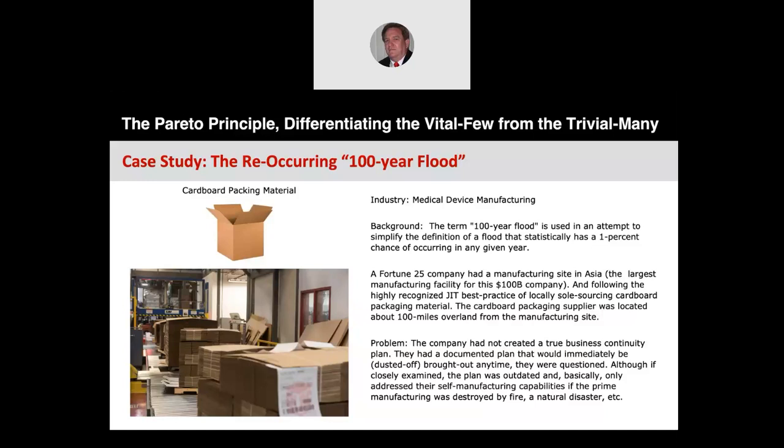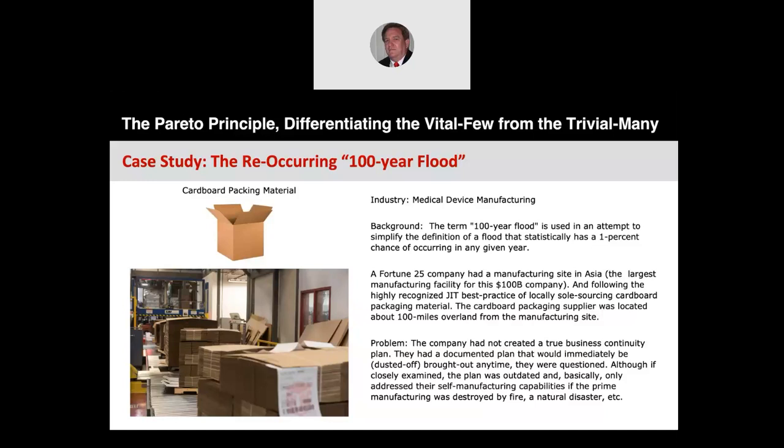But this is a Fortune 500 company that had a manufacturing site in Asia, the largest manufacturing facility for a $100 billion company. They had it set up like a lot of companies do for just-in-time best practices, because the cardboard was a local source, so there was no need to keep inventory.